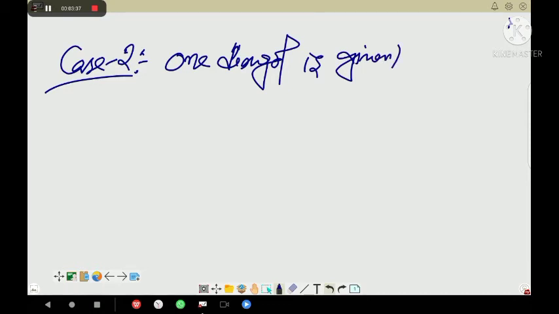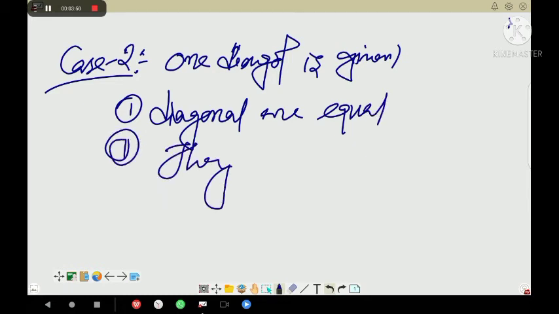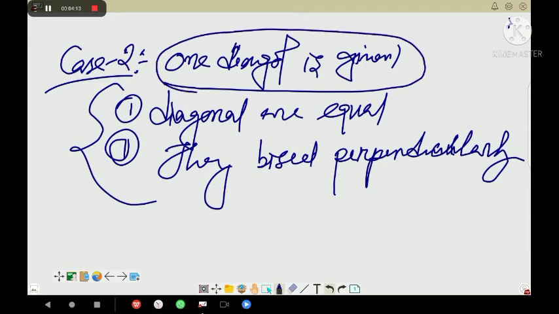We know that in a square the diagonals are equal and they bisect each other perpendicularly.